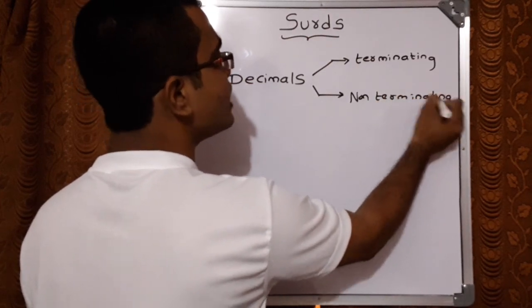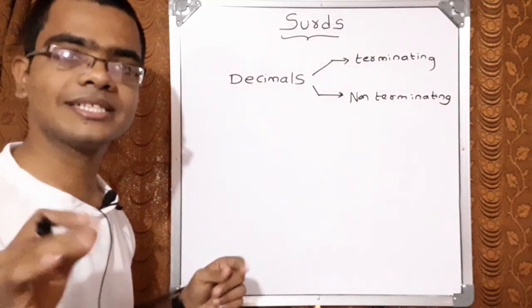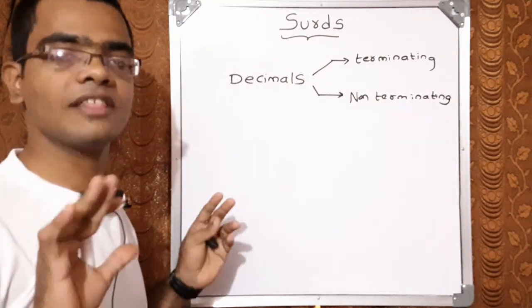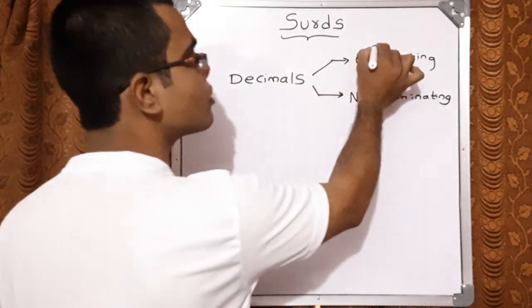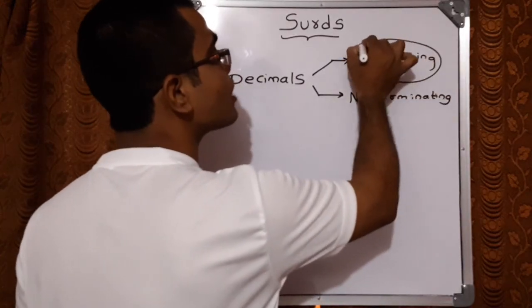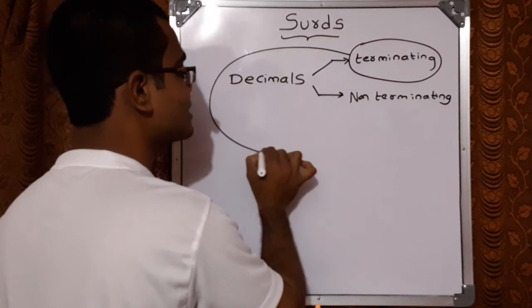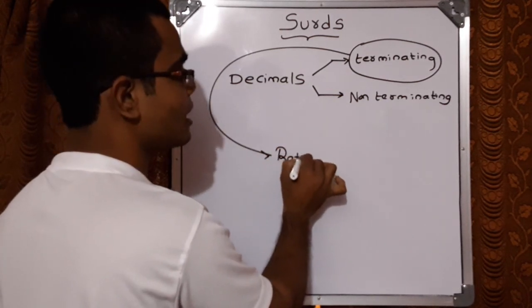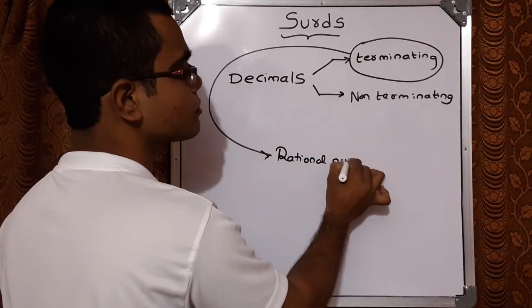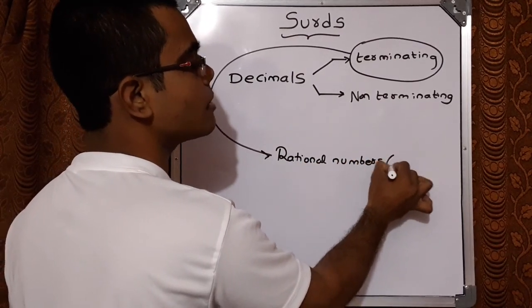So one thing is very clear, terminating decimals can be nicely written as p by q form. Sorry, they are not called real numbers, they are called rational. All the terminating decimals can be written as rational numbers. Now, rational numbers means we all know it's a p by q form.